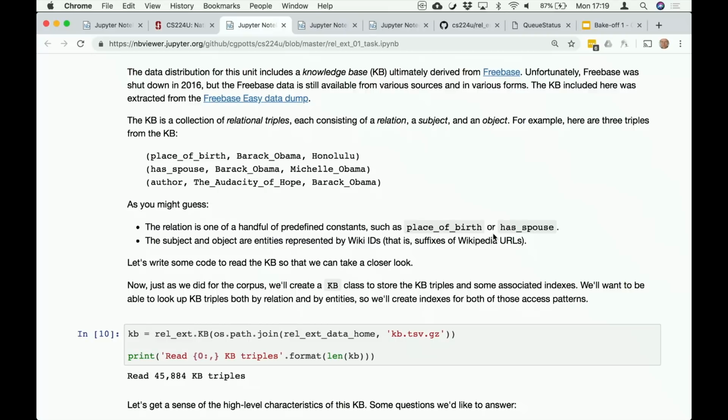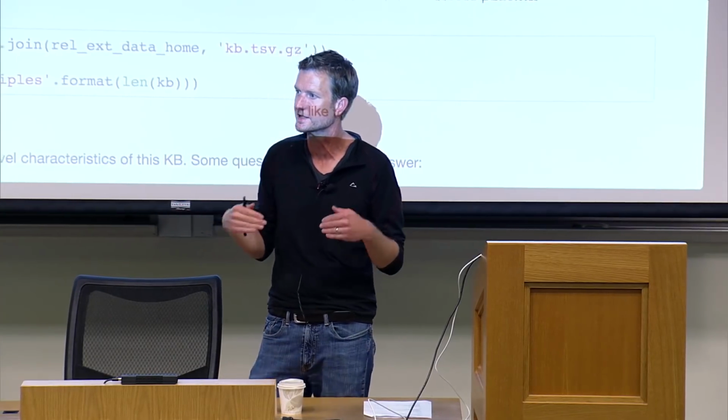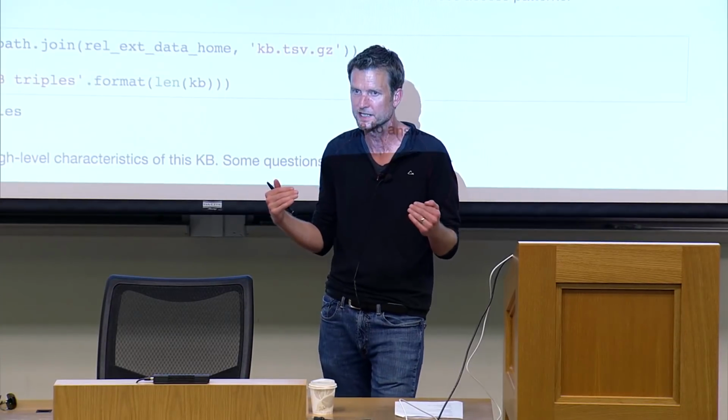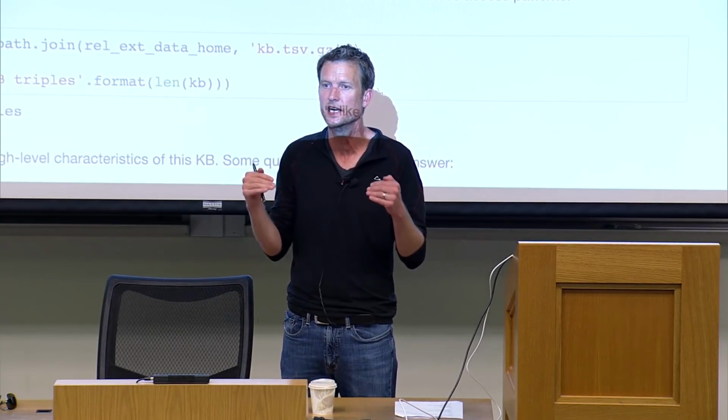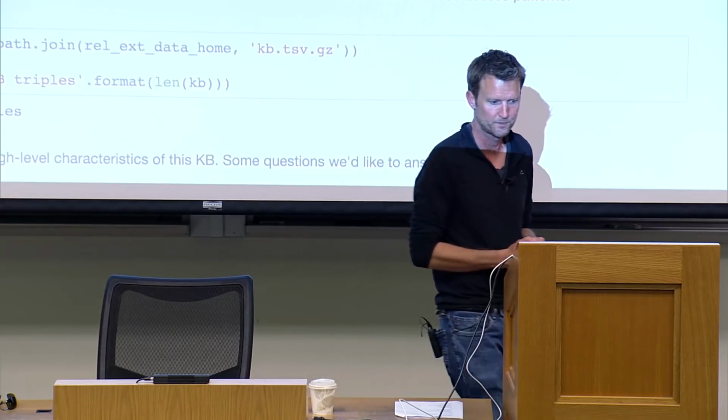So in Freebase, you have these relational triples that we've already looked at. Each one consists of a relation, a subject, and an object. Subject and object have no connection to subject and object in the sense of English syntax. It's just an arbitrary designation for the first argument to the relation and the second argument to the relation.